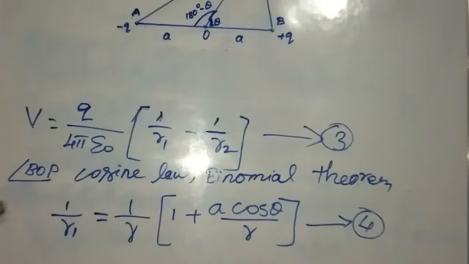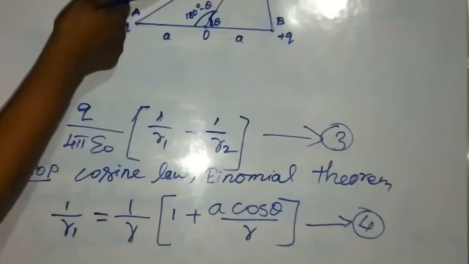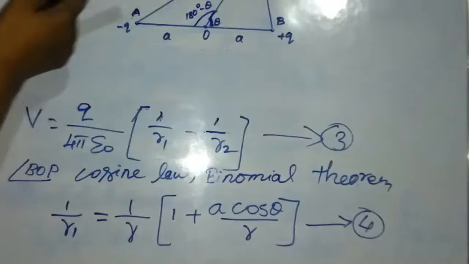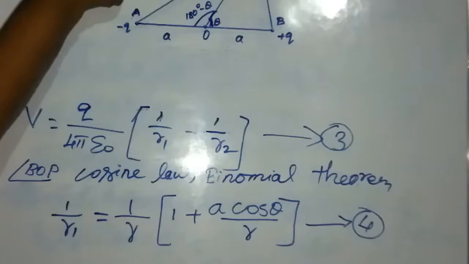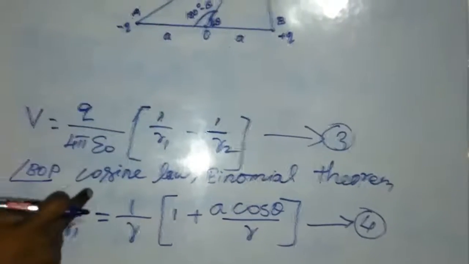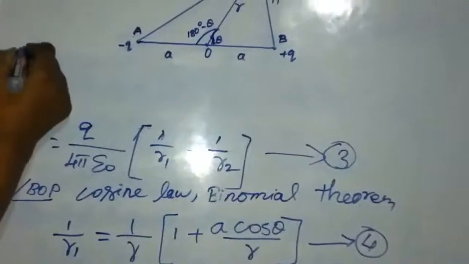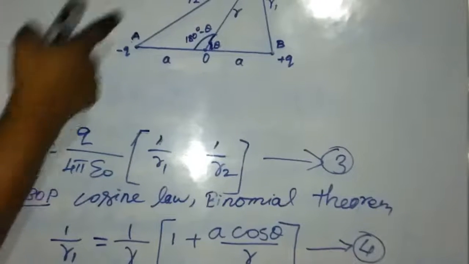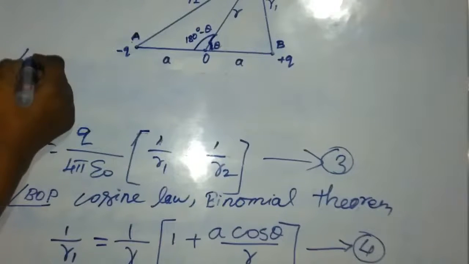Like the same thing, we are going to find out the value of R2. For finding the value of R2, we take the triangle AOP and apply the cosine law and binomial theorem. We will get the value of 1 by R2.